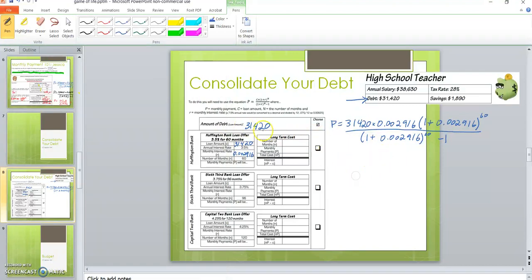A common question that I usually have is how many decimal points to use. And I always like to use about 4 or 5, because the more decimal points you use, the more accurate your final answer will be.